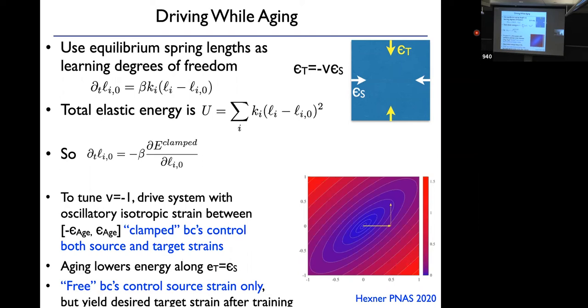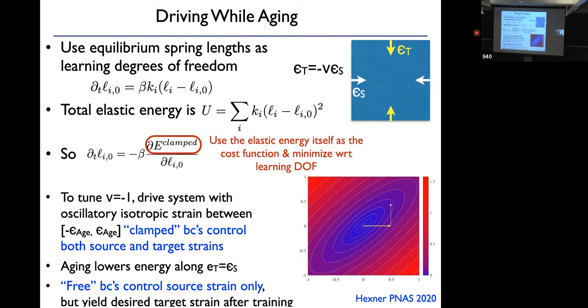What we're doing is lowering the elastic cost along that trajectory. The idea is that the elastic energy with that condition, where I apply not only the source, but the desired target value, is my cost function. And that's what I'm minimizing.